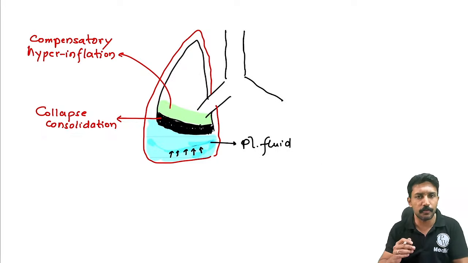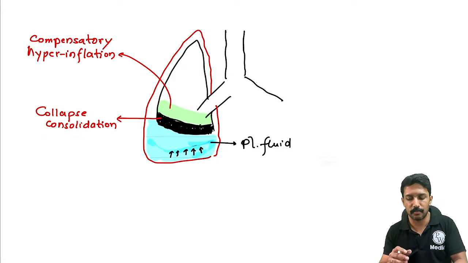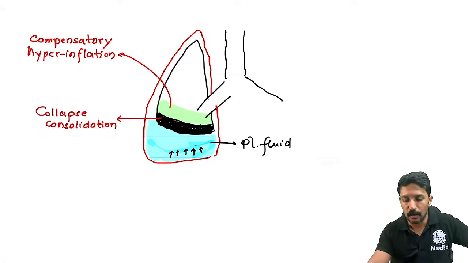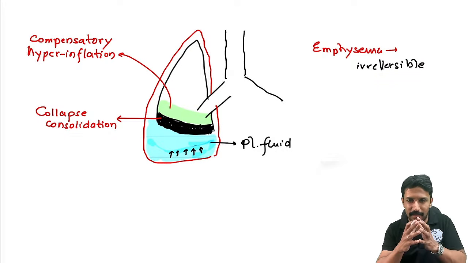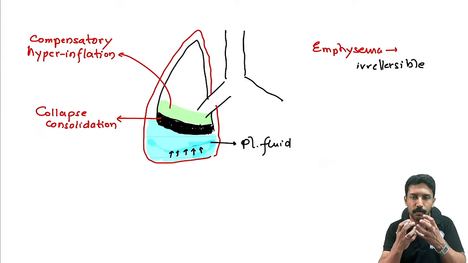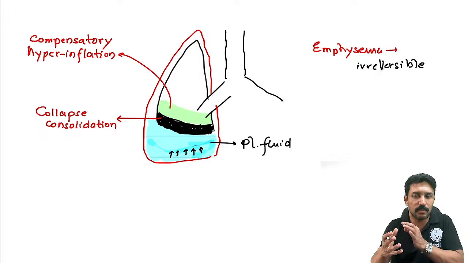I personally prefer not to call it compensatory emphysema because emphysema का एक definition है. What is emphysema? Emphysema is defined as irreversible dilatation of alveoli और acini, irreversible dilatation. तो यहाँ पे जो dilatation हो रहा है या hyperinflation या expansion हो रहा है, it is reversible. They are not irreversibly dilated. The alveoli are dilated but reversibly dilated.